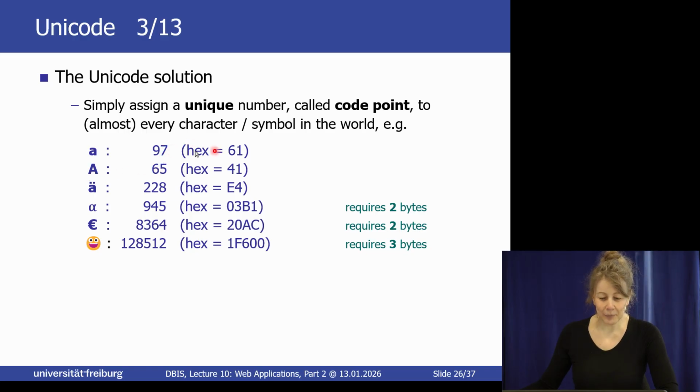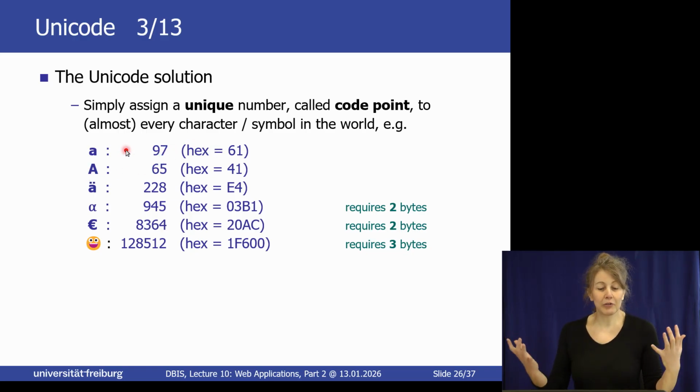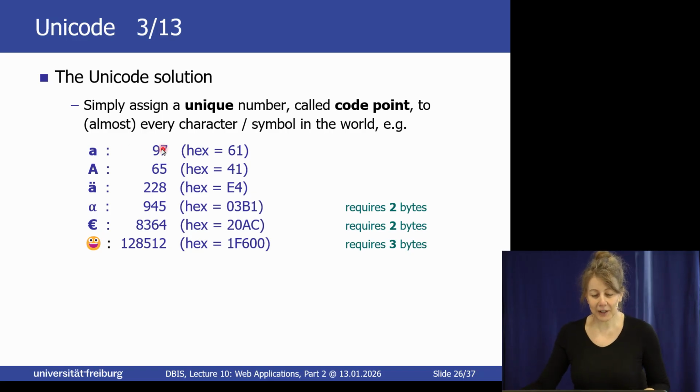All the super frequently used ones in computing get the same numbers, 1 byte. Now you have funny characters, still 1 byte, like ä. You give the numbers from ISO 8859-1 the same numbers as they had in that. So E4 was also in ISO 8859-1, the number 228.